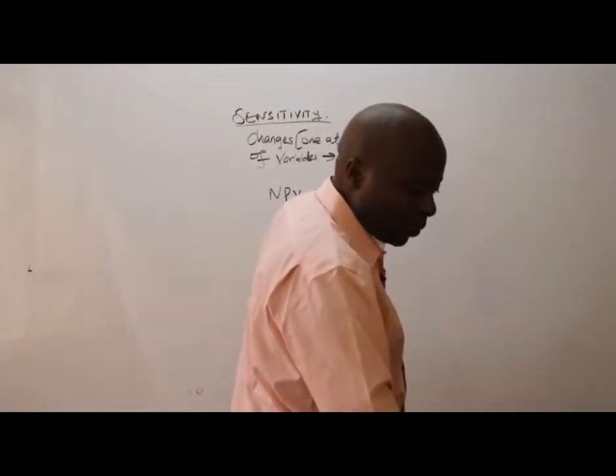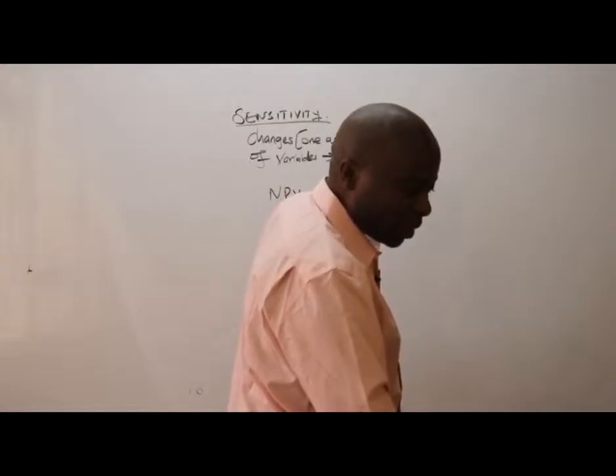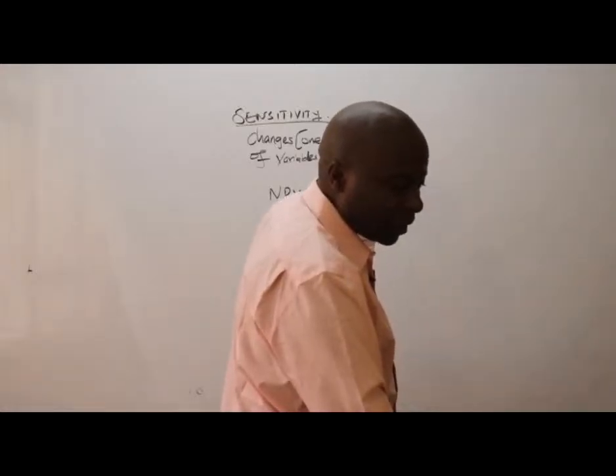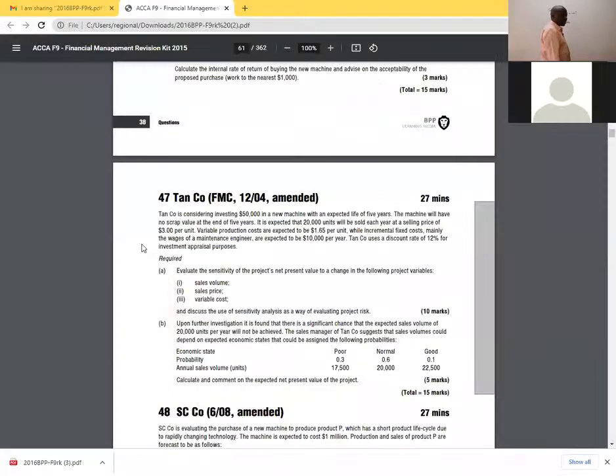So come right away here and look at the question. The question is quite a direct one. It's fairly an obvious one. You're told the TAN company is considering investing $50,000 in a new machine with an expected life of 5 years. The machine will have no scrap value at the end of 5 years.